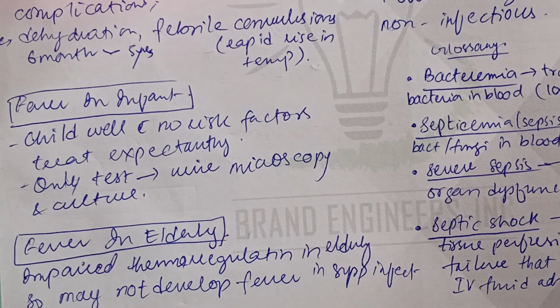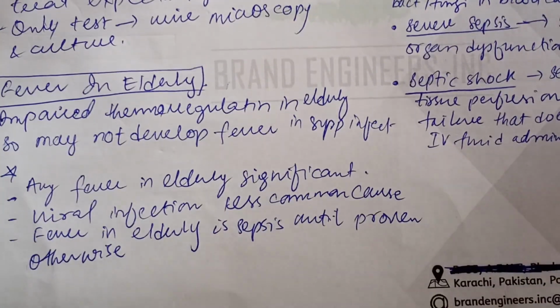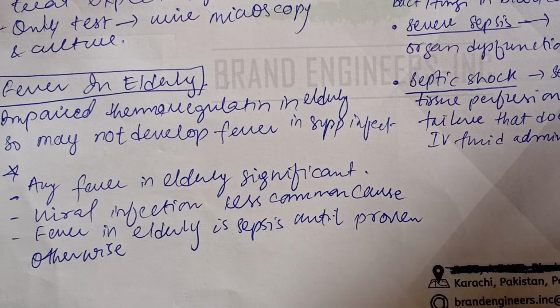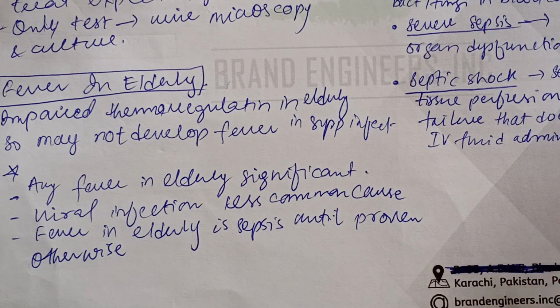Fever in elderly: most of the time in the elderly the thermoregulation system is impaired and they may not develop fever in suppurative infections. They show other symptoms like confusion, tiredness and discomfort. Any fever in the elderly is significant because viral infection is a less common cause in the elderly, and fever in the elderly is sepsis until proven otherwise, because they cannot tell you the specific problem that is going on with them.